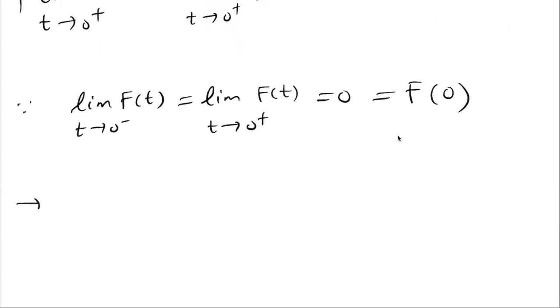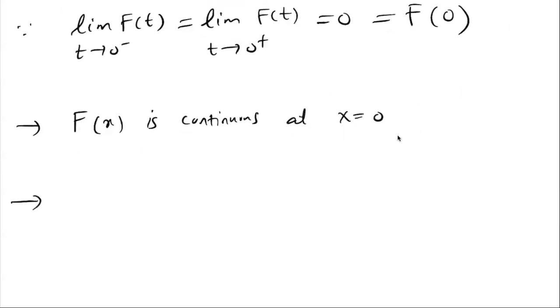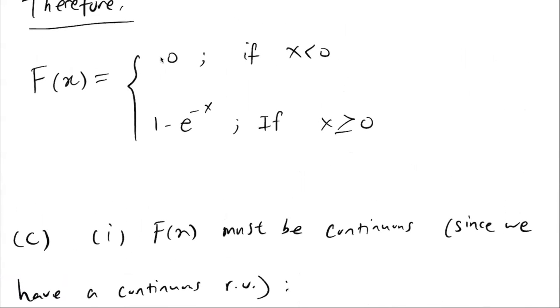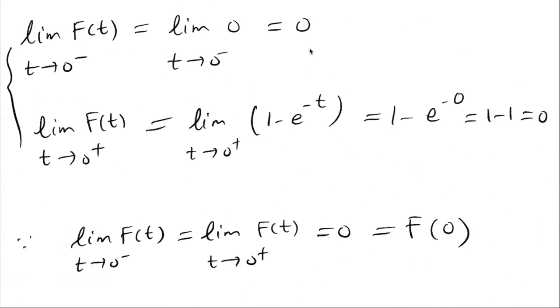Therefore, F of x is continuous at x equals 0. That means F of x is continuous on minus infinity to infinity. We show that F of x is continuous on each piece and continuous at the border point, therefore continuous everywhere.